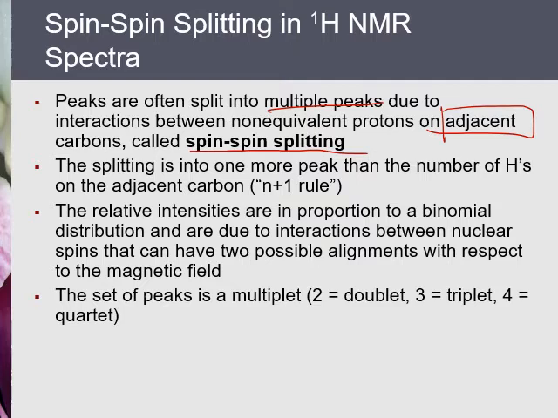The splitting obeys the n+1 rule, which will be explained soon. The relative intensities are proportional to a binomial distribution. The set of peaks is a multiplet, which is called a doublet, triplet, quartet, etc.